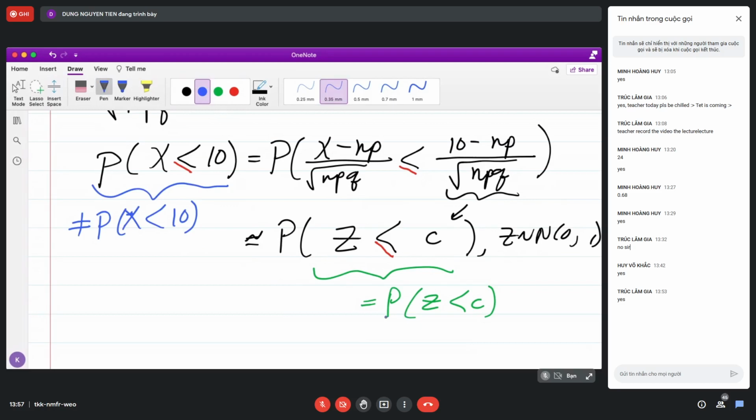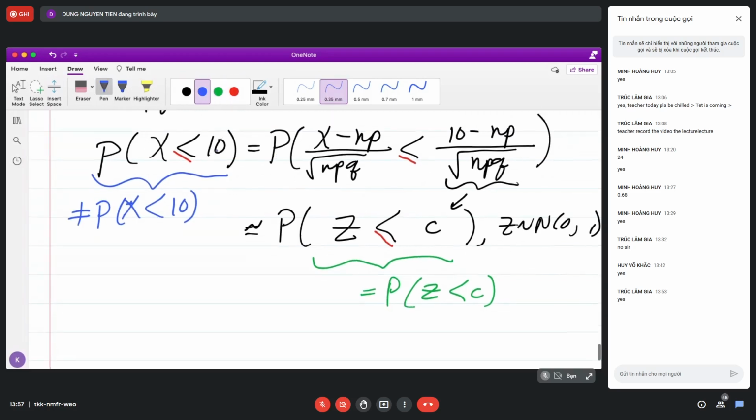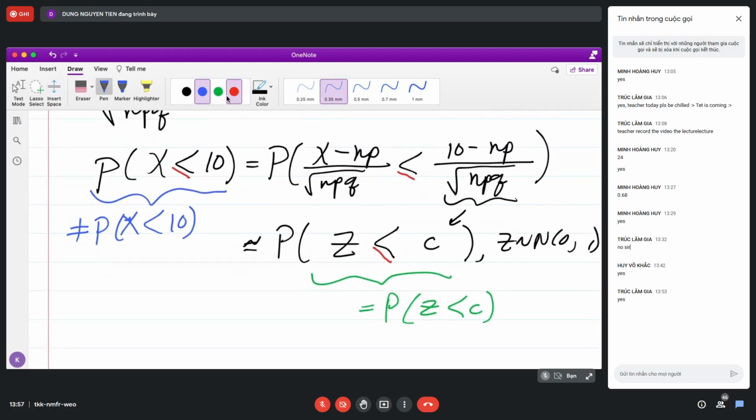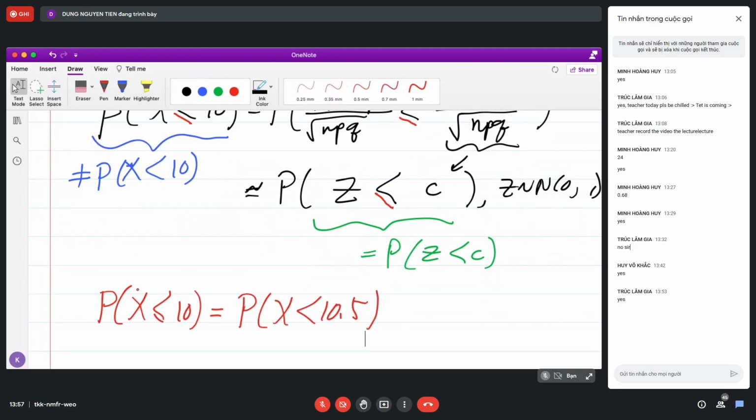Well, in that case, if you have the equal sign here, I need to replace 10 by 10.5. So what I'm saying is that the probability that X is less than or equal to 10 is the same as the probability that X is less than 10.5, where X is a binomial random variable.